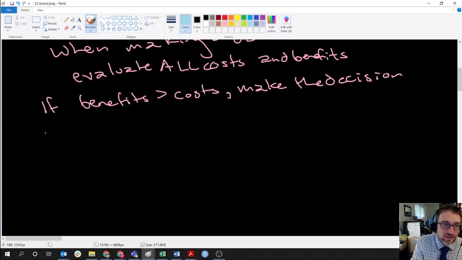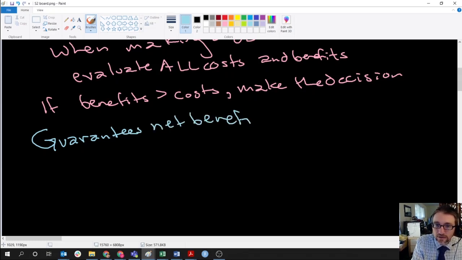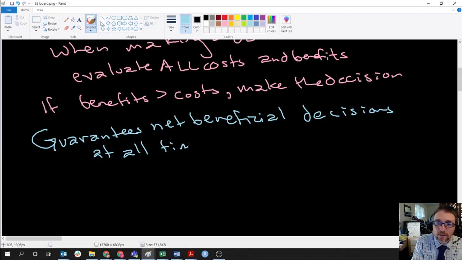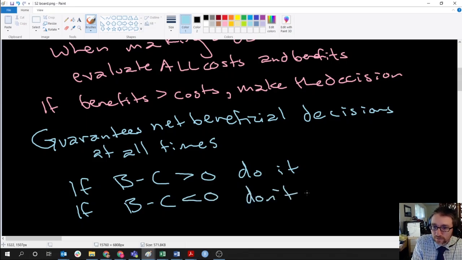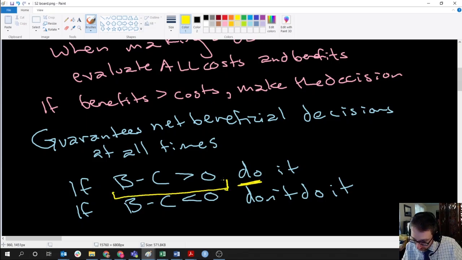What this essentially does is guarantee net beneficial decisions at all times, right? Because what it essentially says is if your benefits minus your costs is greater than 0, do it. If benefits minus costs is less than 0, don't do it. And what that means is anything you do is something where the benefits are greater than the costs.